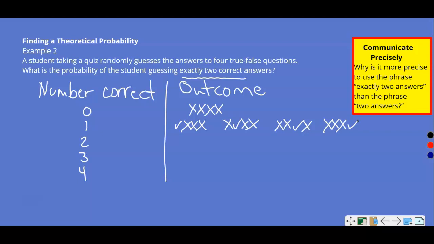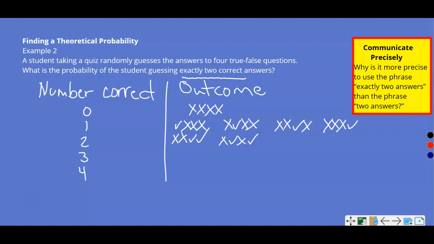Now let's look at the different combinations for exactly 2 correct answers. We could start with 2 incorrect and 2 correct. Then we could have an incorrect, a correct, an incorrect, and a correct answer.